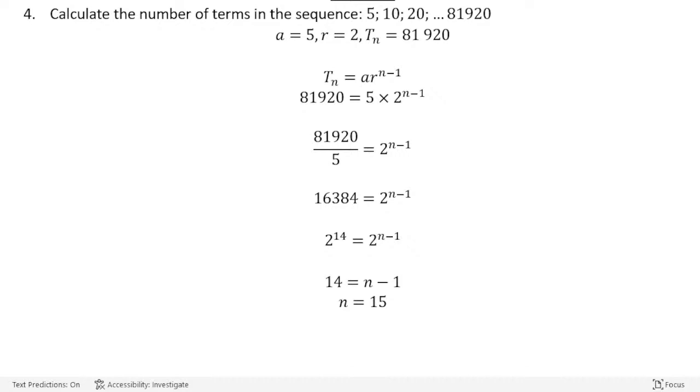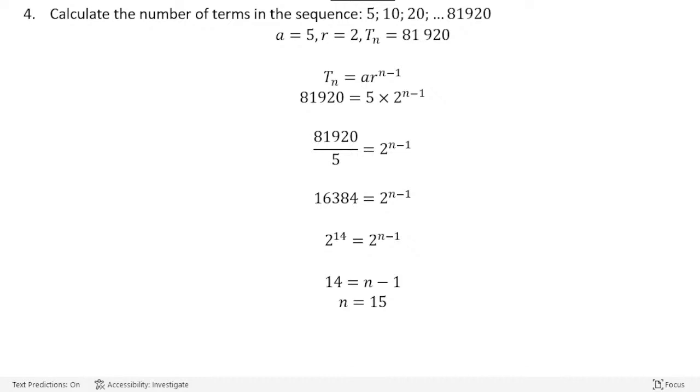Someone is asking, how do you identify a geometric sequence? Okay, so remember we have two types of sequences: arithmetic and geometric.